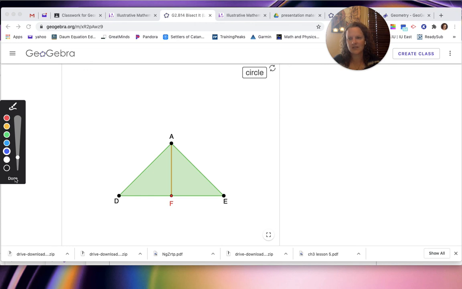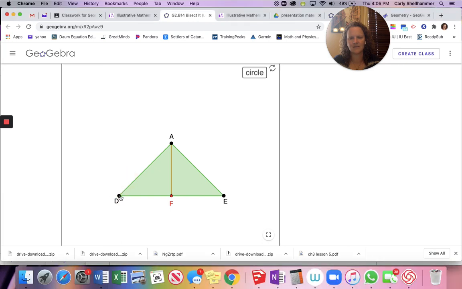So now it says, using the applet, move D or E so the triangle is no longer isosceles. I don't know if I can. Ooh, that's so cool. The line of reflection, the line of symmetry, just moved. Okay, that is so cool.